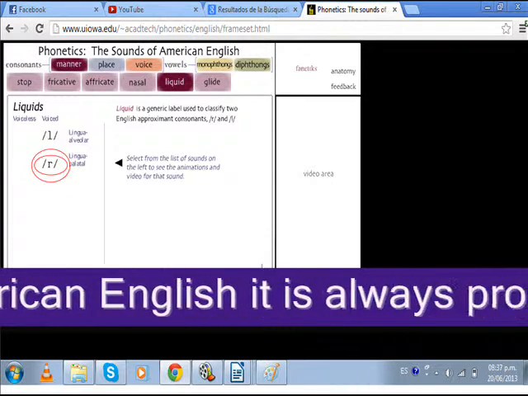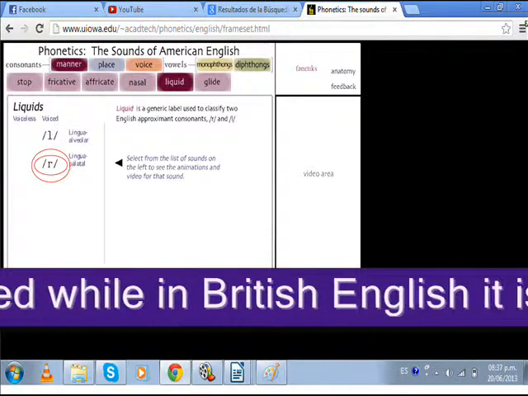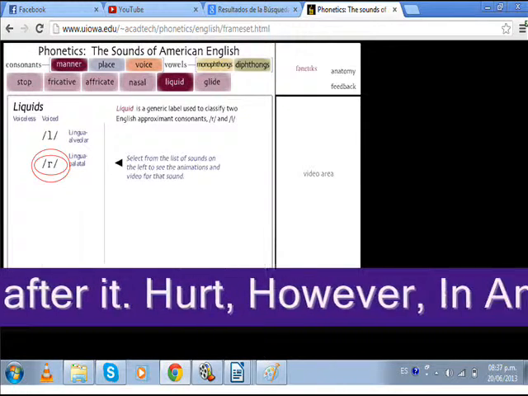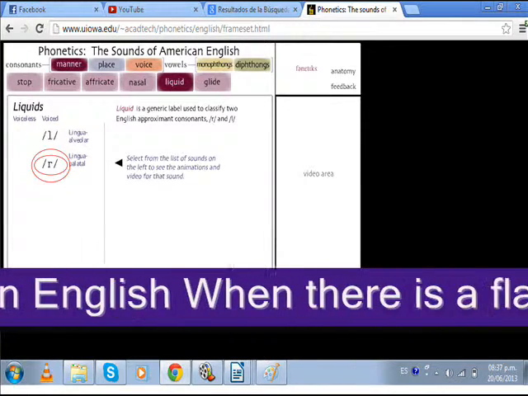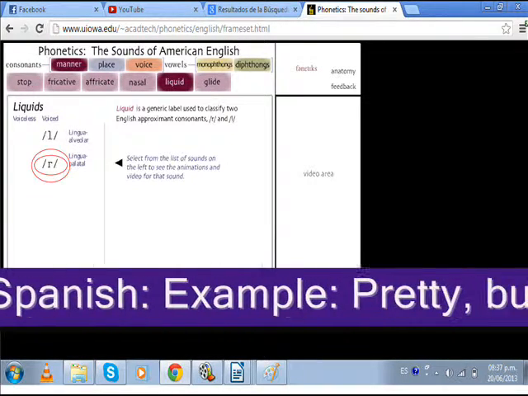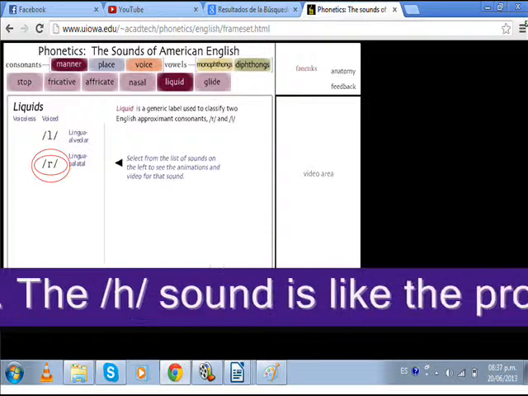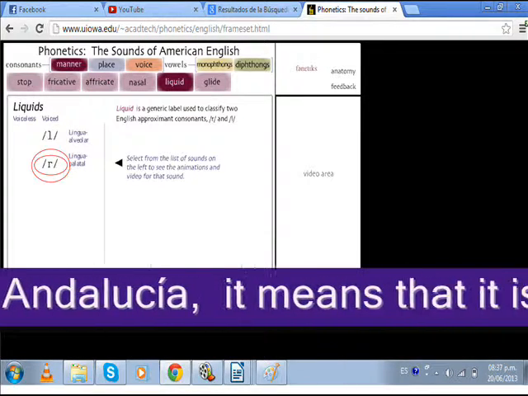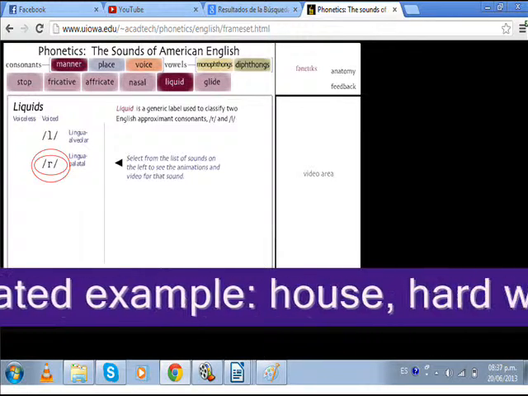In American English it is always pronounced, while in British English it is pronounced only when there is a vowel after it. Hot, hot. However, in American English, when there is a flap, it is very similar to the R produced in Spanish. Example, pretty, butterfly.